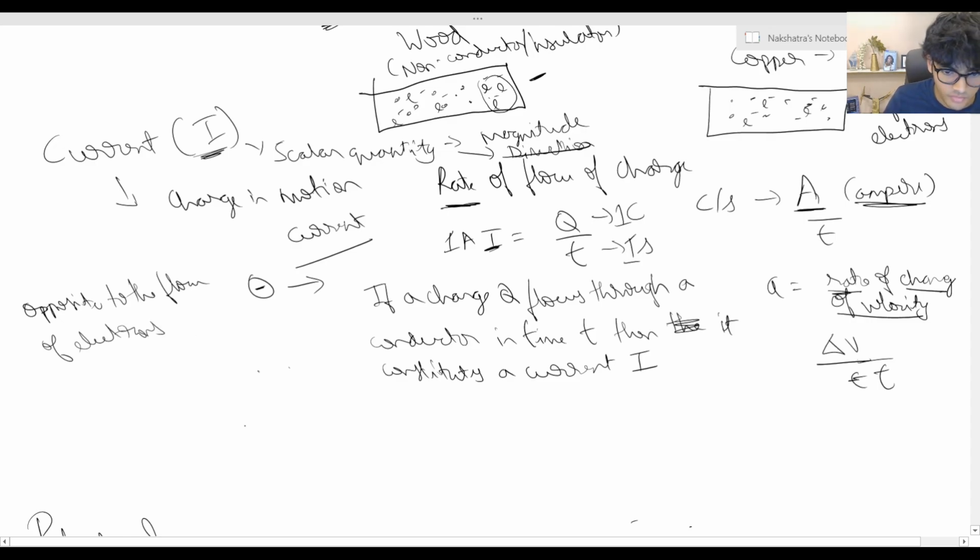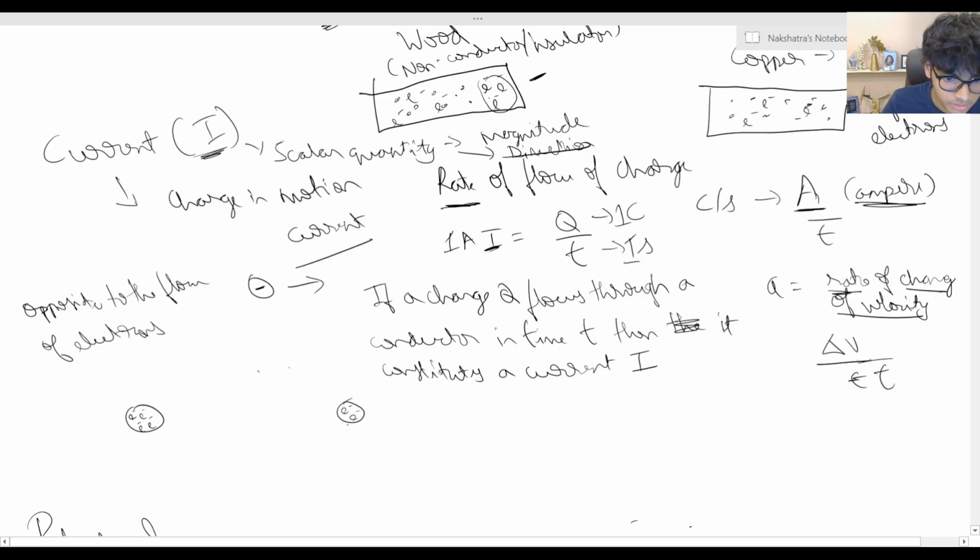Okay, so let's look at a small example. I have a body. This body has 4 electrons in excess, and there's another body which has 2 electrons in excess.